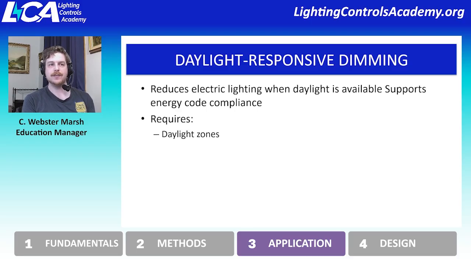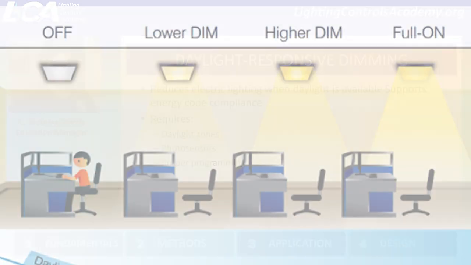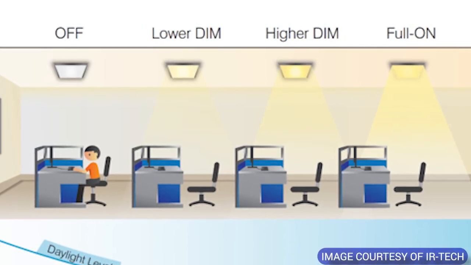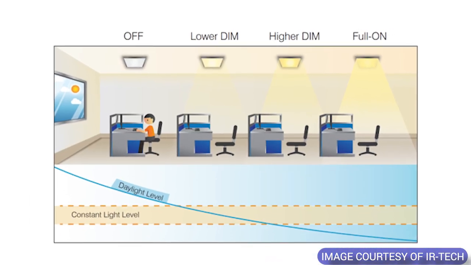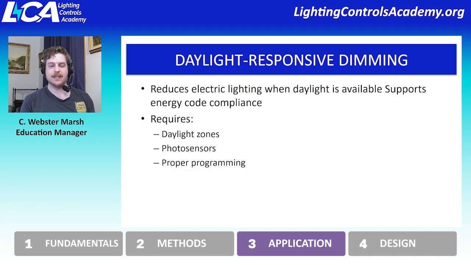What it requires is identifying the daylight zones, identifying where the photosensors are going to be, which ones we're going to use, and what kind of programming we need to make that happen. So all of these factors go into making sure that daylight responsive dimming is possible.